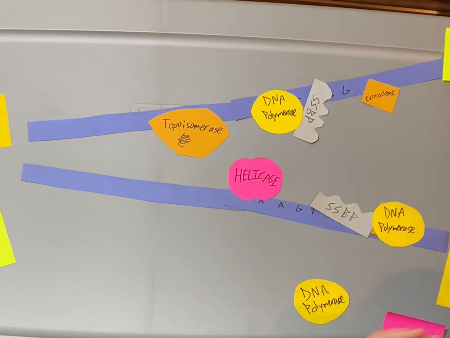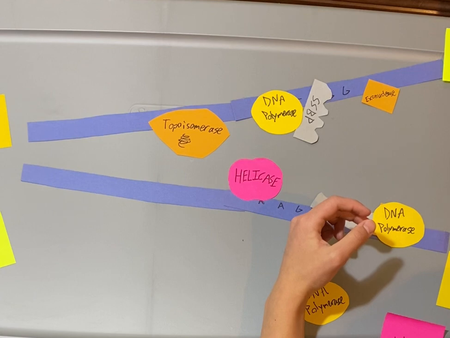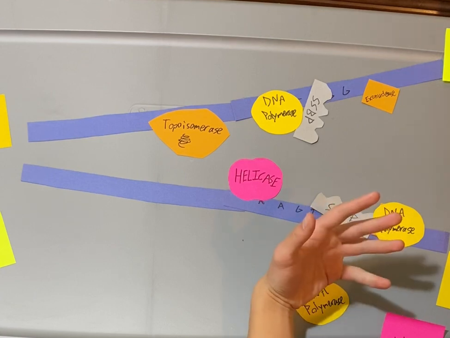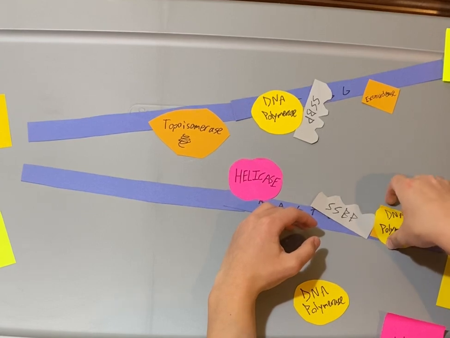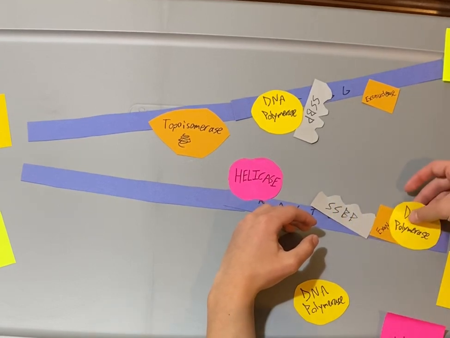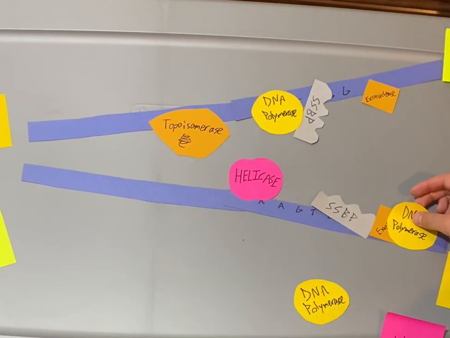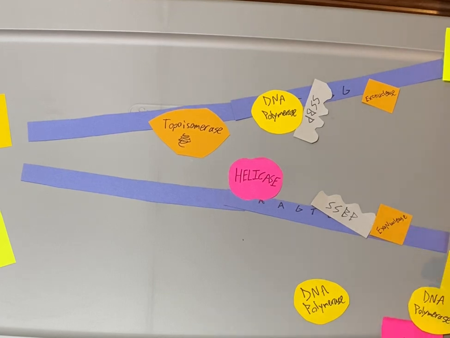However, with the lagging strand, since it's moving away from the helicase, the DNA polymerase cannot continuously produce the new DNA. It eventually reaches a dead end right here, and it has to fall off.